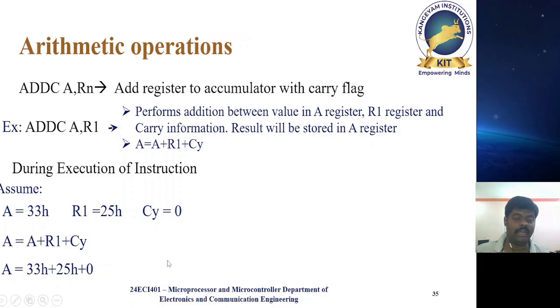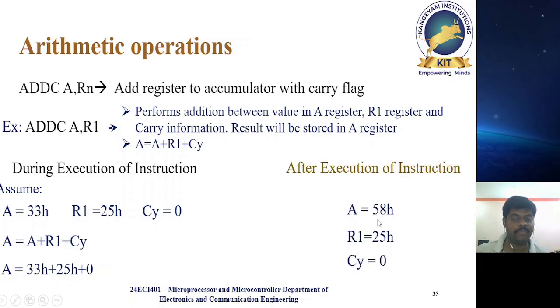All three will get added and the result will be updated in the A register. After adding, if there is a carry, then the carry flag will be set. So that depends upon the outcome of the result. This is what happens with this instruction.